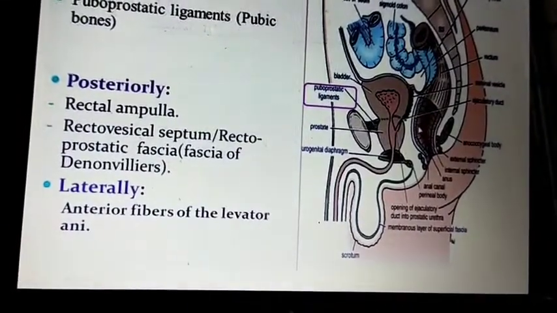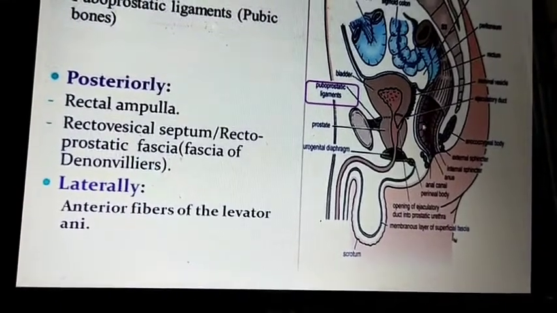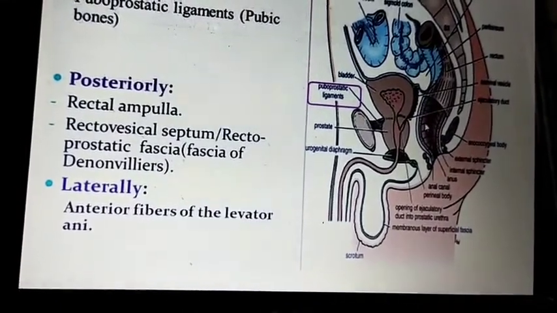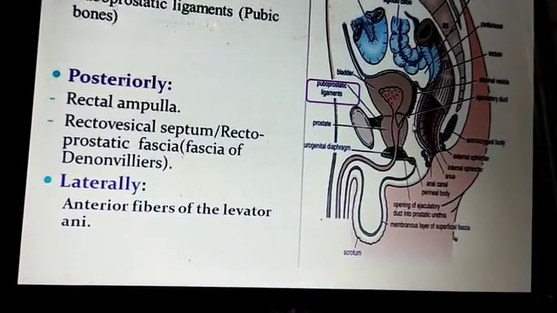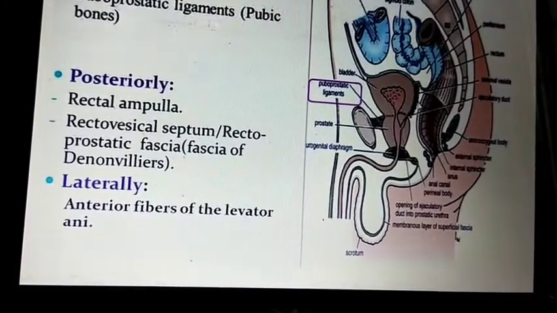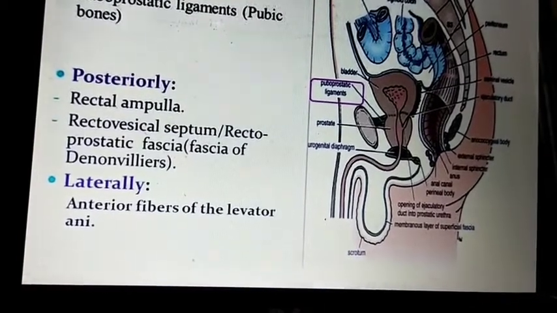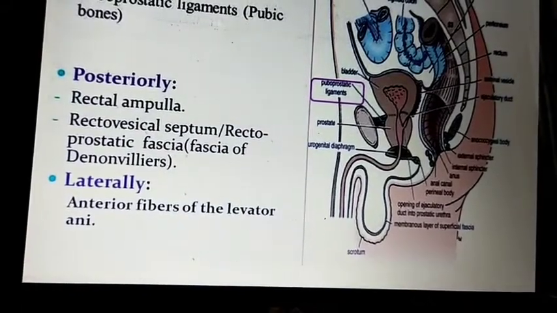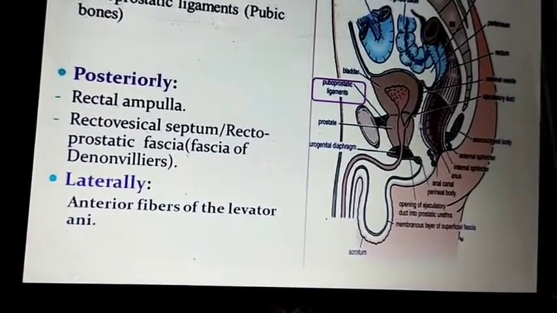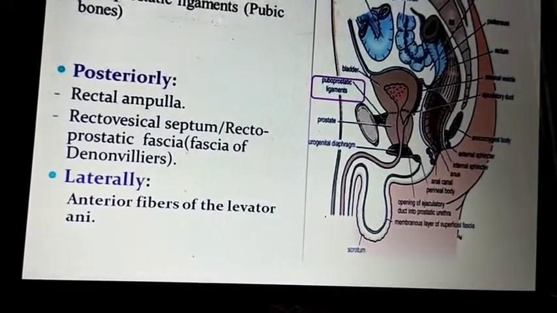Posteriorly, as I already told, is the ampulla of the rectum, the rectal ampulla. Here you can find the rectovesical pouch, or the fascia of Denonvilliers.